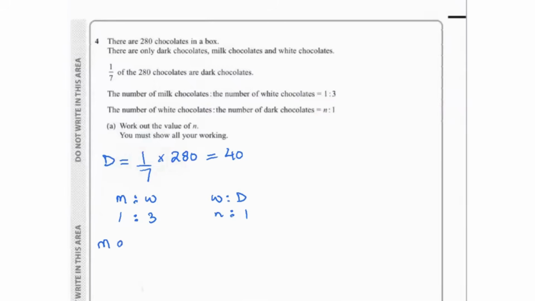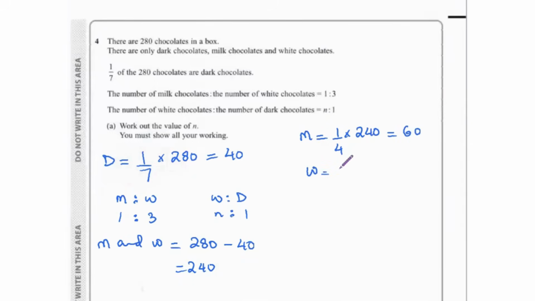So milk and white is going to be 280 minus 40. That's 240. Milk is going to be 1/4 of 240, which is 60, and white is going to be 3/4 of 240, which is 180. So these are the numbers of milk and white chocolates.